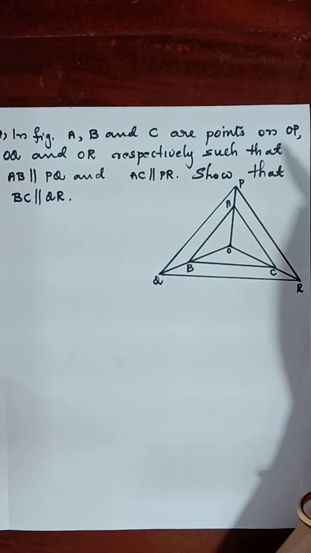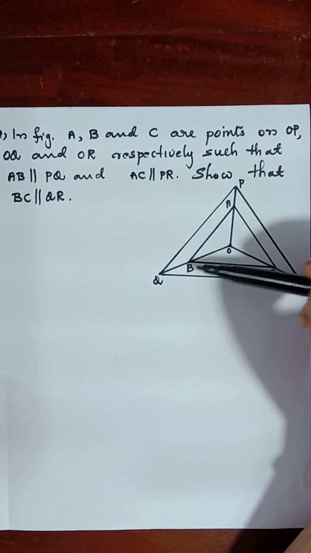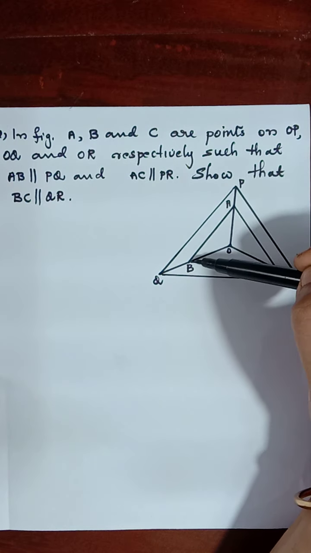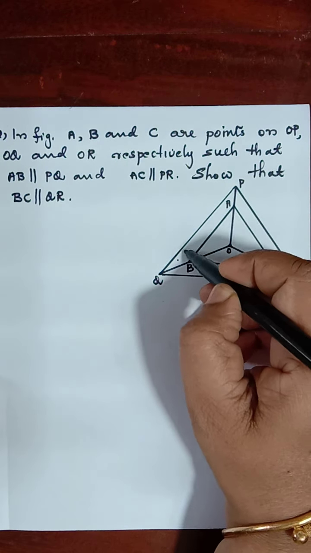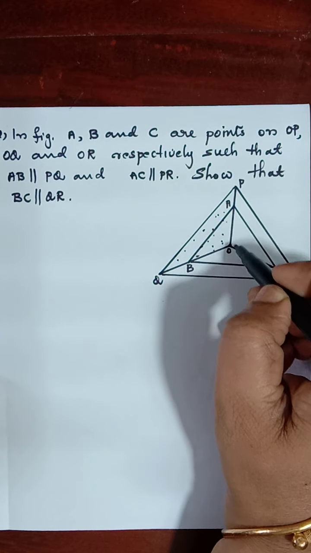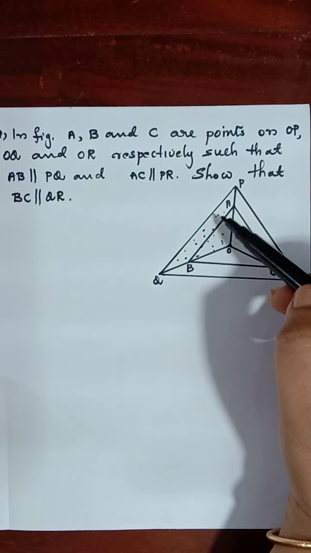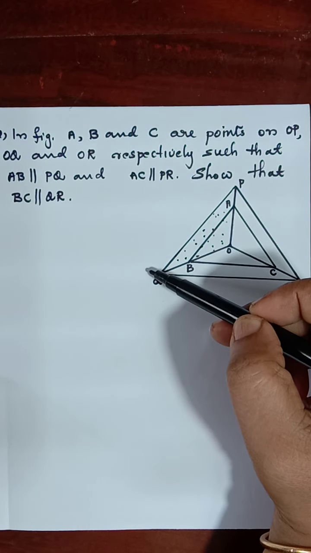So let us see the points again. A is a point on OP, and B is a point on OQ. If we consider triangle POQ, we can see that AB is parallel to PQ.